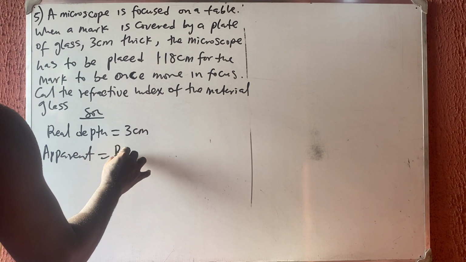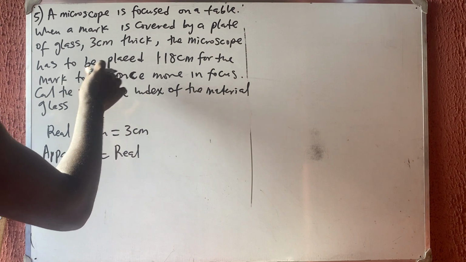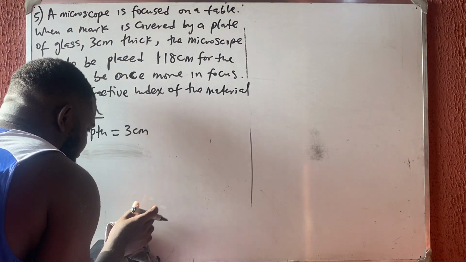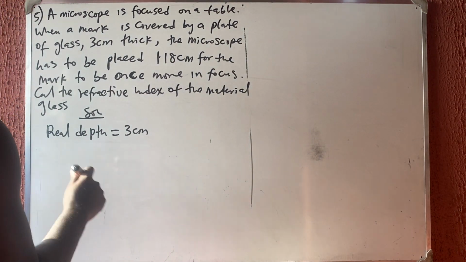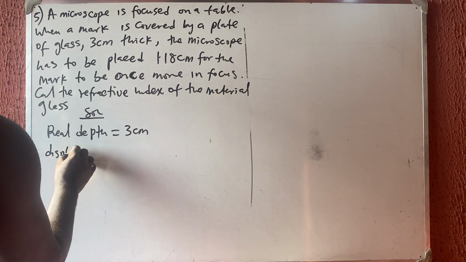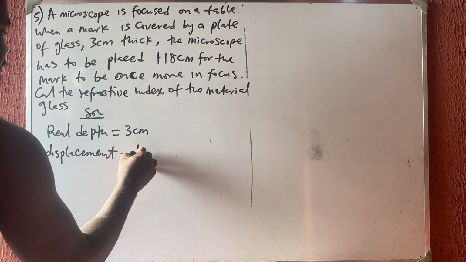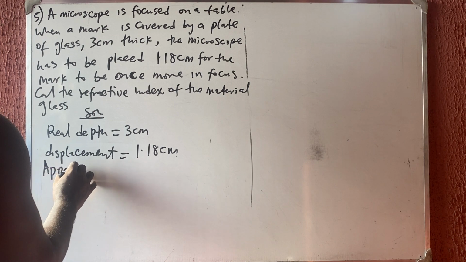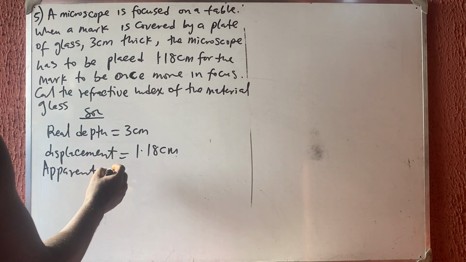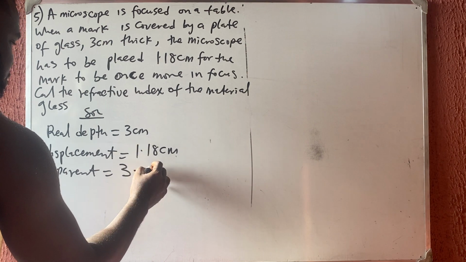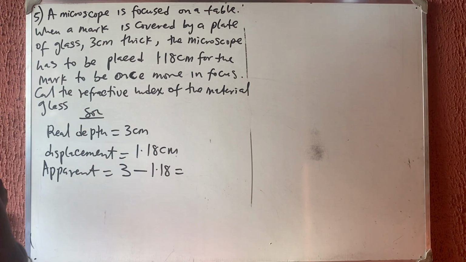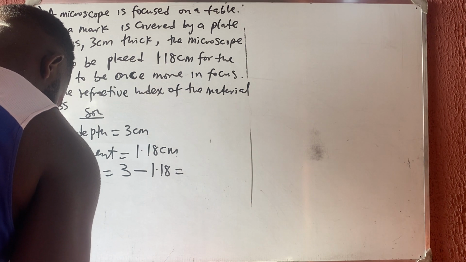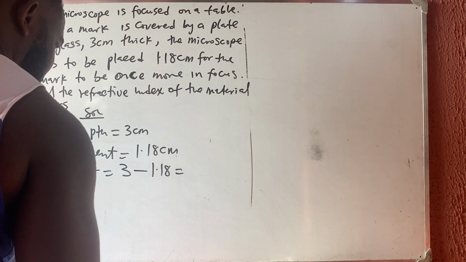What they gave us now is the displacement, which is 1.18 cm. So to get the apparent depth, you say the real minus the displacement, which is 3 minus 1.18. I'm going to have 1.82 cm.